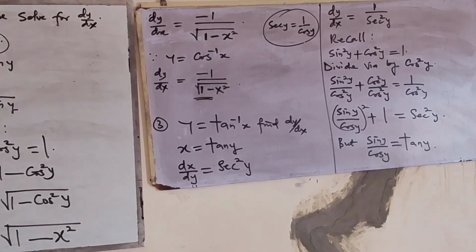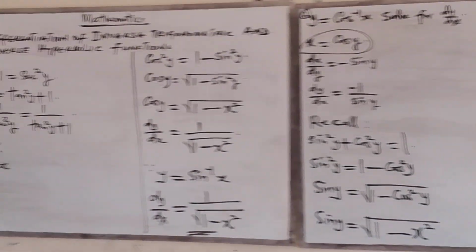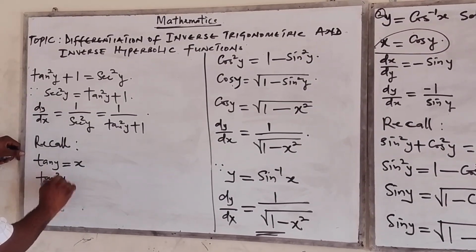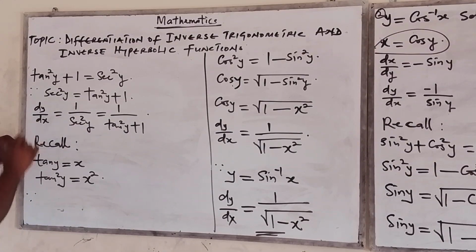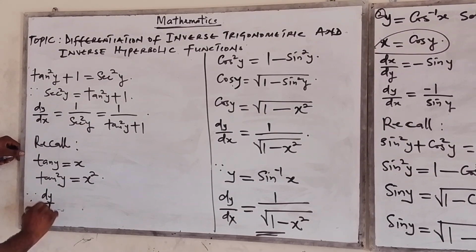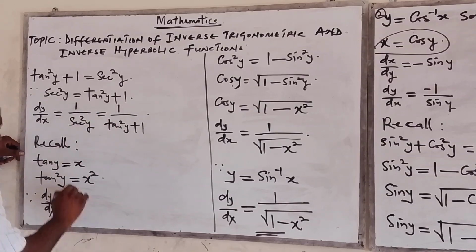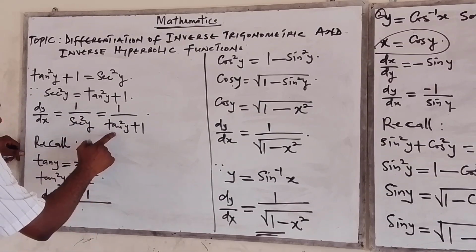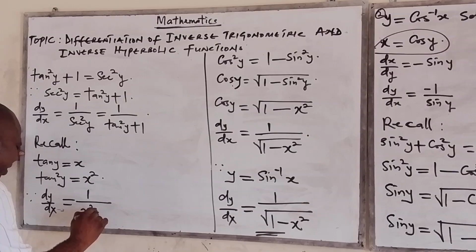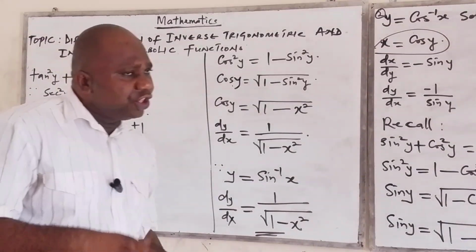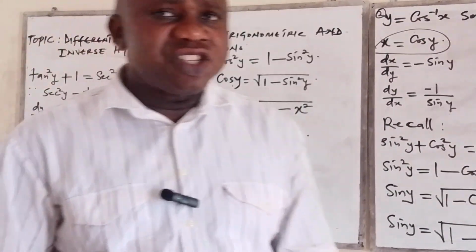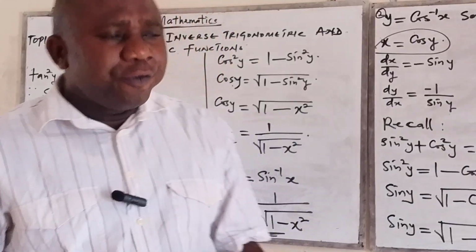So tan y is equal to x, so tan square y will be equal to x squared. So therefore, dy/dx will be equal to 1 all over x squared plus 1. Okay, so that ends the derivative of inverse trigonometric function.